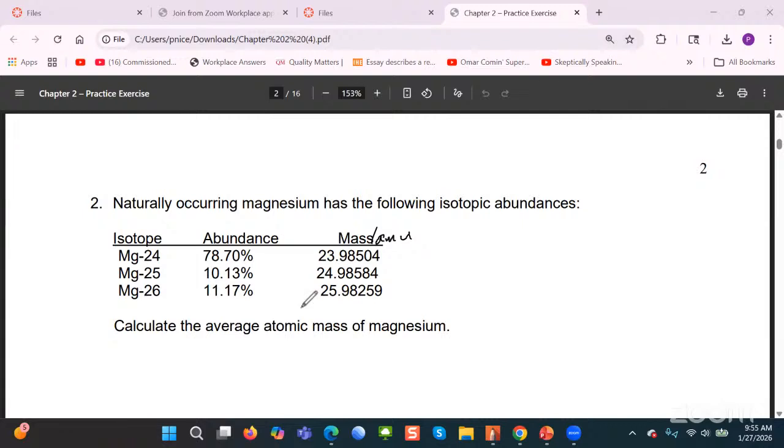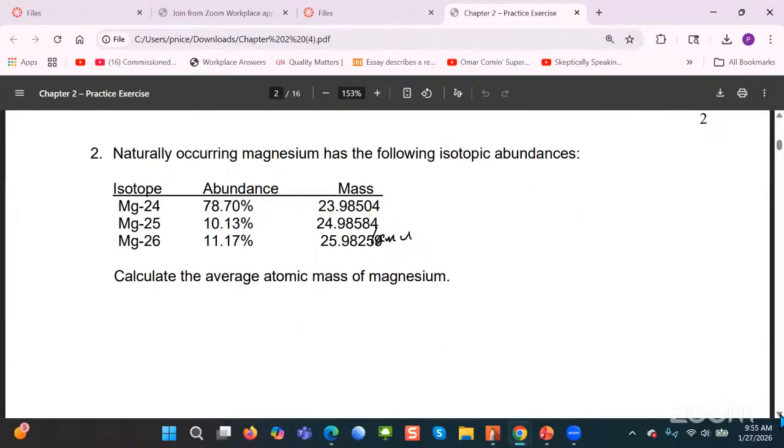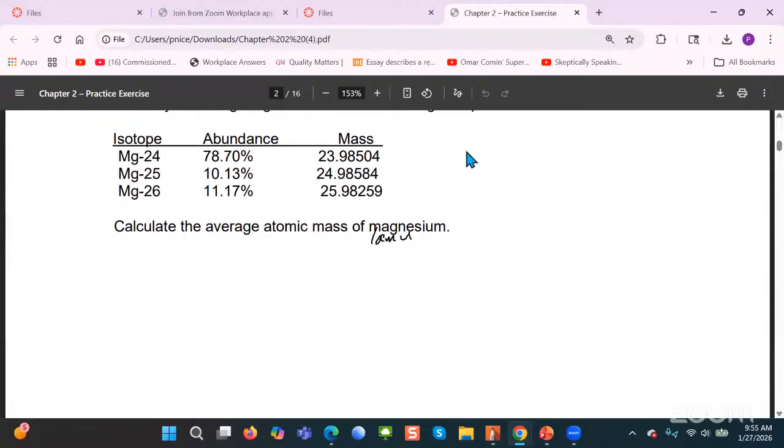So this is the way you go about calculating it. It's rather a simple process. All you have to do is take the mass of each of the isotopes. Let me start off with magnesium 24.